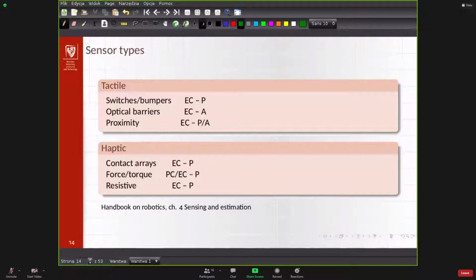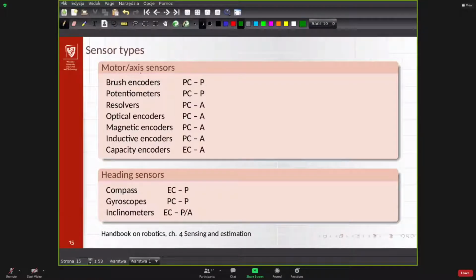So we can have contact arrays that detect the distribution of the force on some area. Force and torque sensors. We can also have resistive haptic devices. In fact, I guess one of the projects is also using that for a haptic paddle that I hope you will see somewhere at the end of the project.